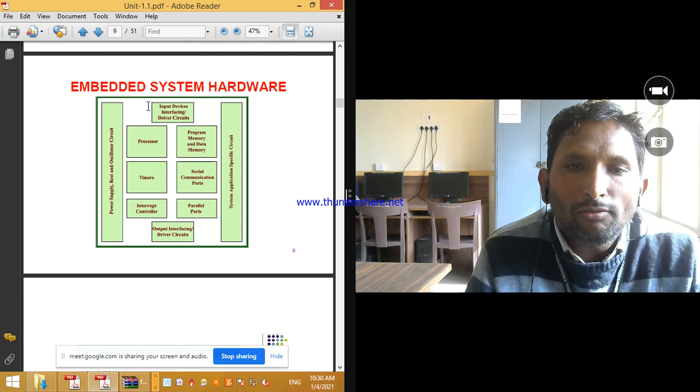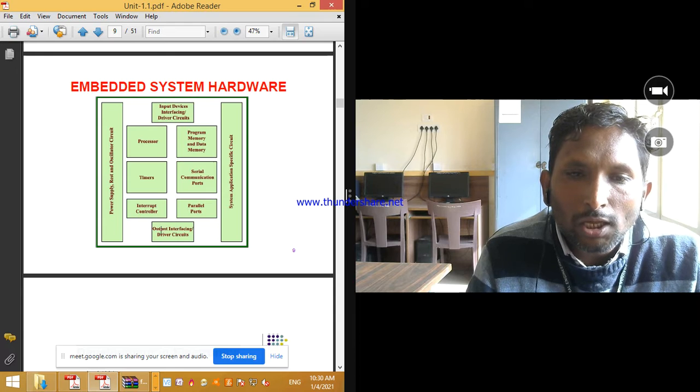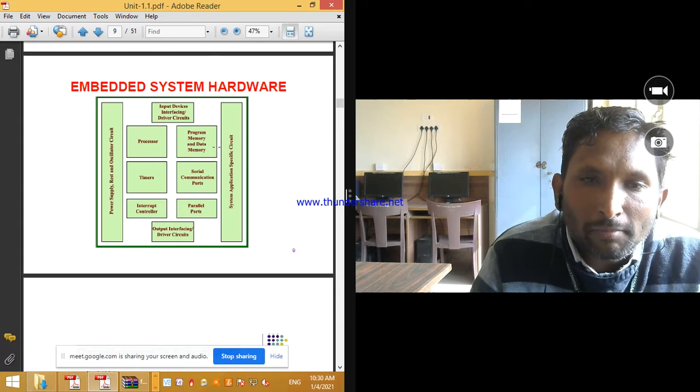If you see the movement of the cursor: processor, timers, interrupt controller, output interfacing driver circuit, parallel ports, serial communication ports, program memory and data memory.